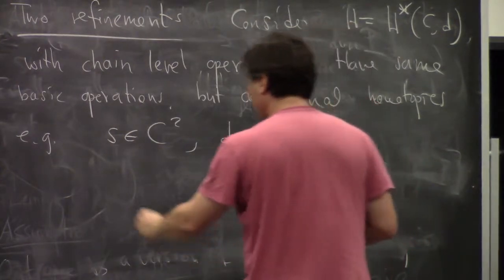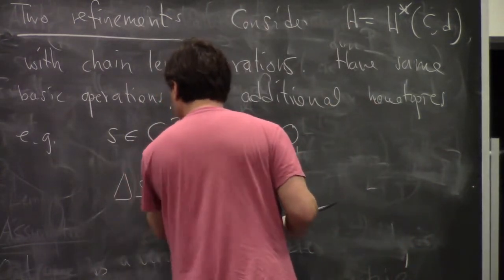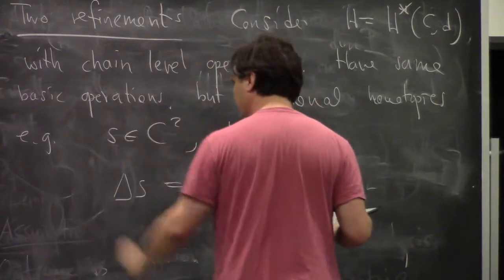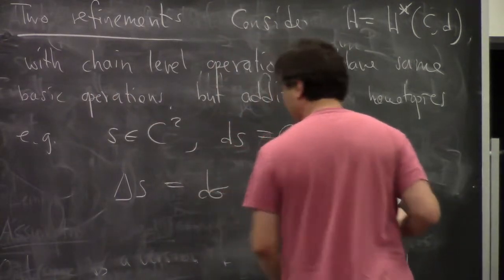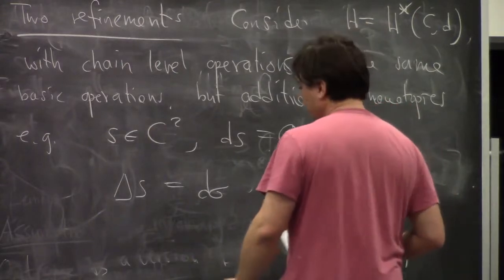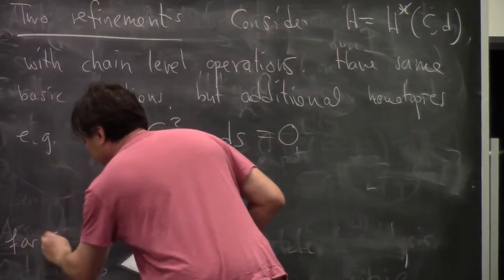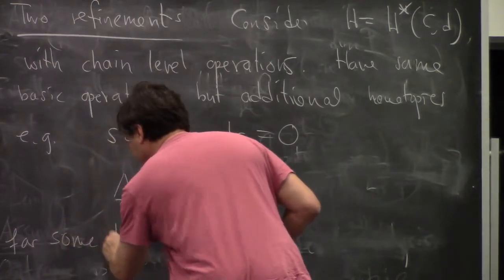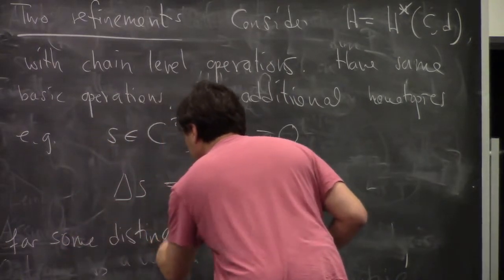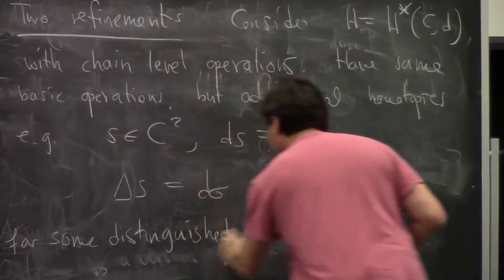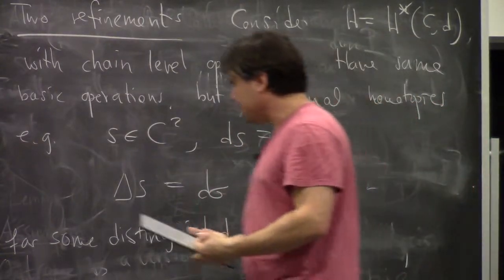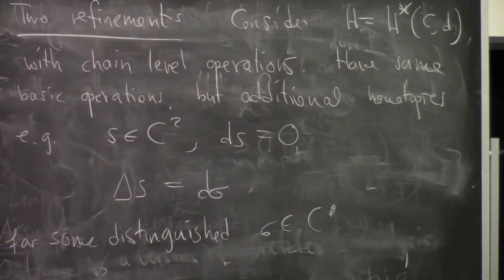But now, if you consider this guy here, it's actually no longer identically 0 because you have to make this argument with a homotopy, but it will be d sigma for some distinguished sigma, and so on. Okay, so this is a pretty standard modification working on the chain level, not actually what I'm interested in.